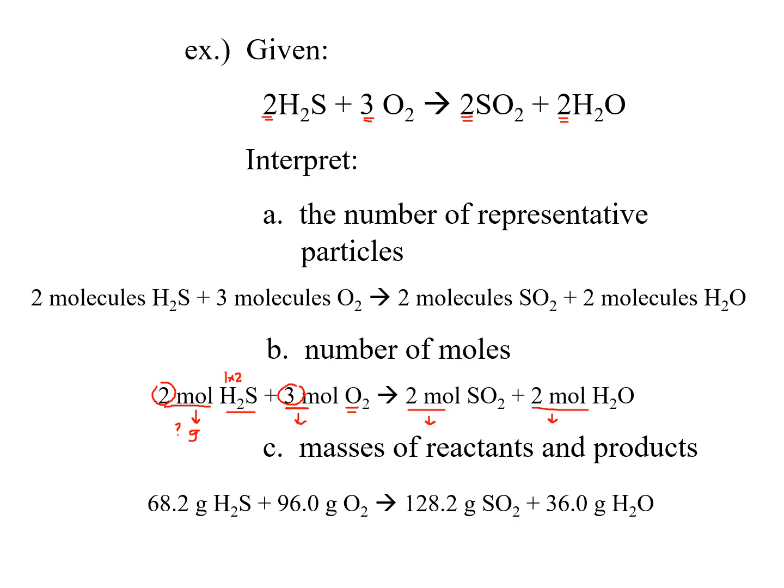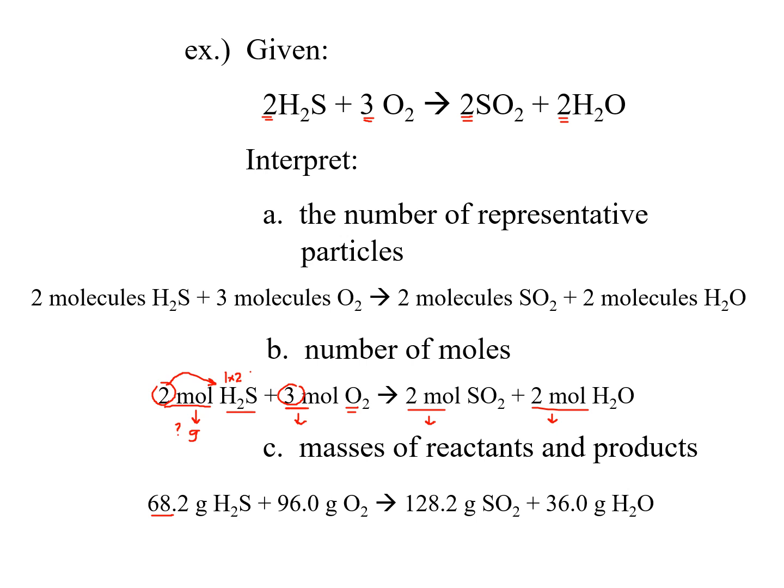Okay. So you'd have to go through and say, okay, this is like 30, it's not even 34, right? Is it 35, 36 or something like that? Anyways, so you would add up H2S, but then you'd have to multiply that whole thing by 2. That's how you get 68.2.